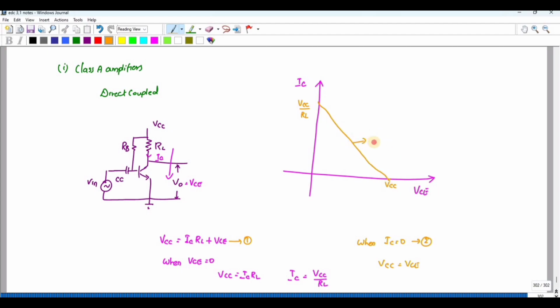This is nothing but the DC load line, and the slope value is nothing but minus 1 divided by RL.